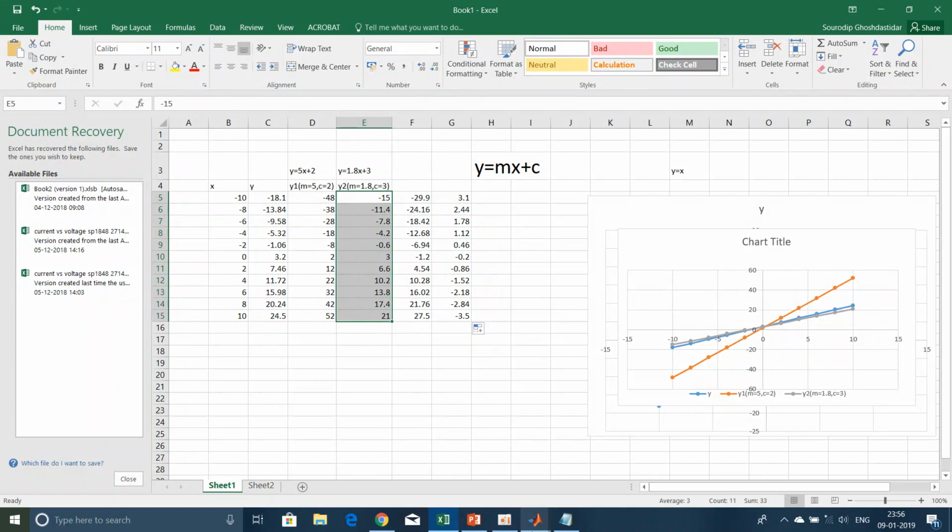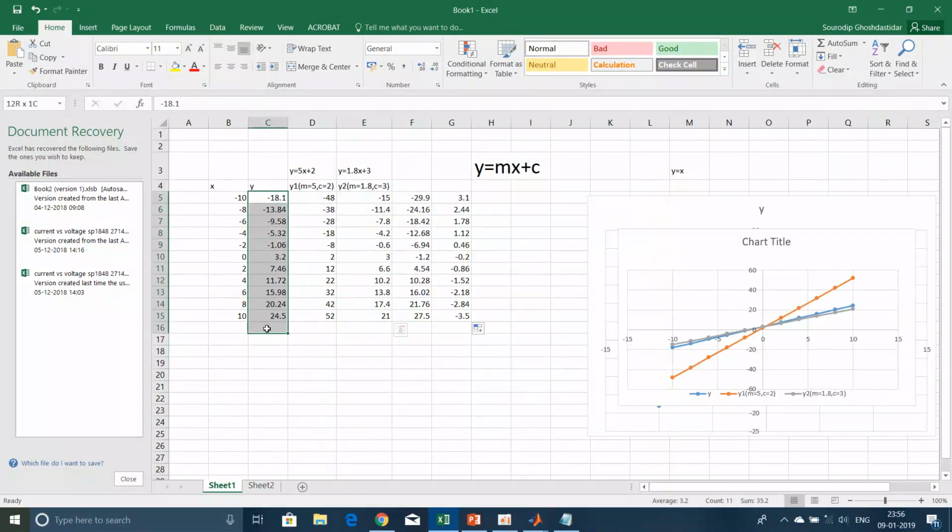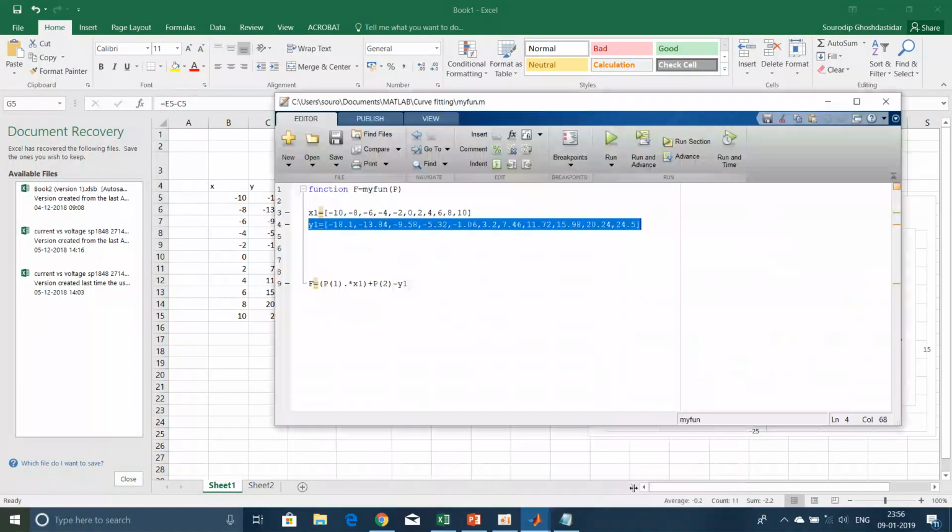And then you subtract it from this, which is basically this. So you're doing a subtraction of this with this, so you get the differences as stated here. I hope you understand this.